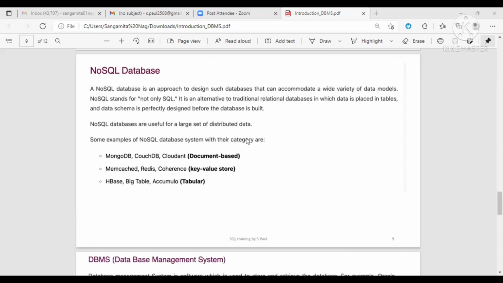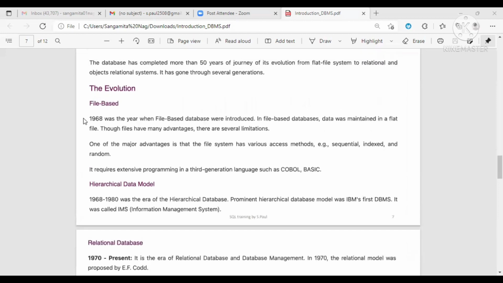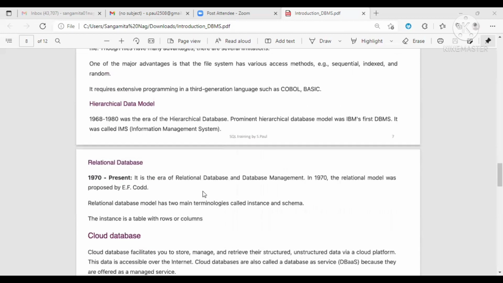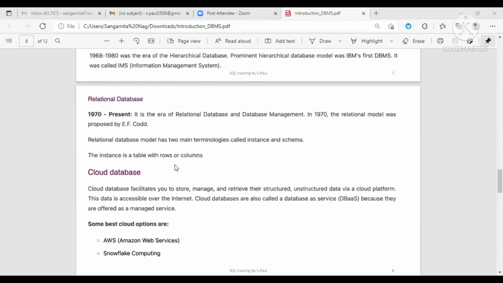Okay. So this was the history of database. We started with files, right? Then we moved to the hierarchical model. Then we moved to the relational model, which is still in play. We are still using it to process structured data.